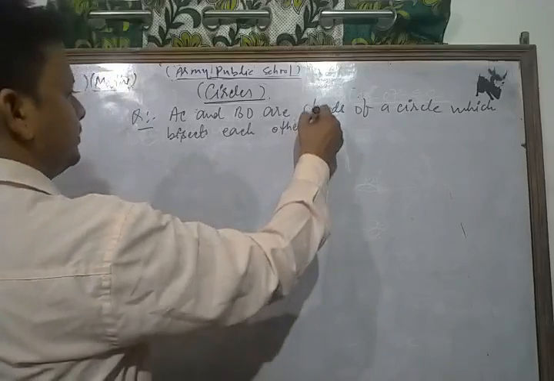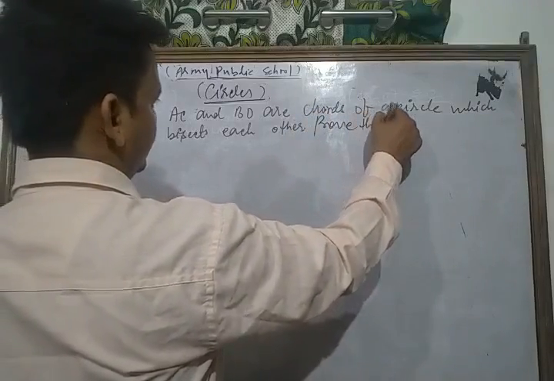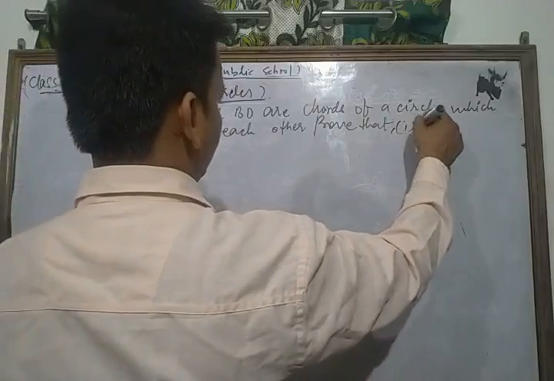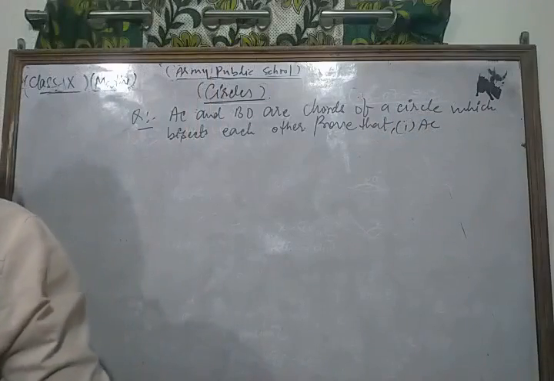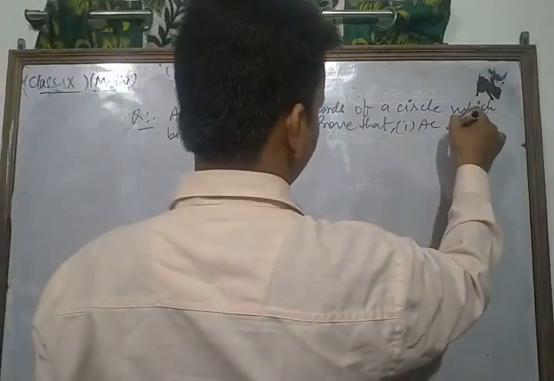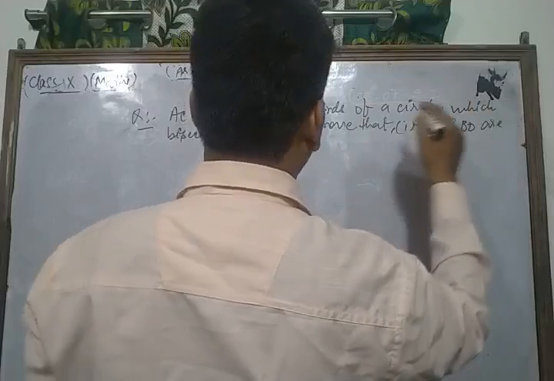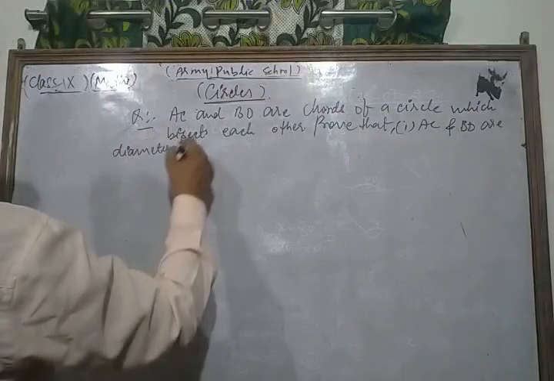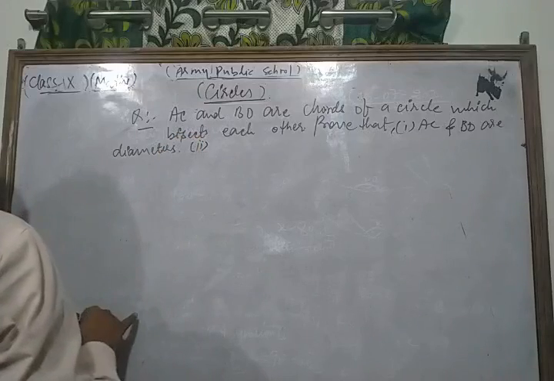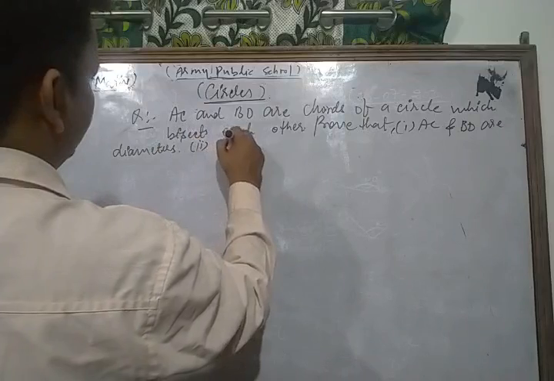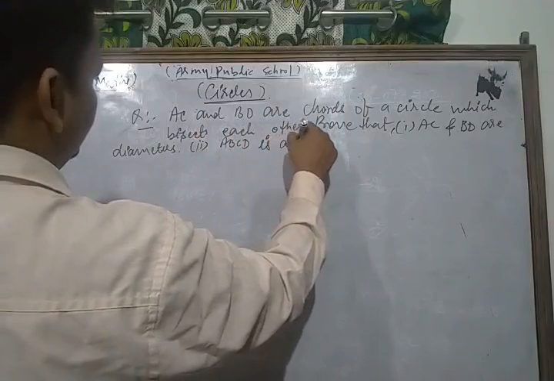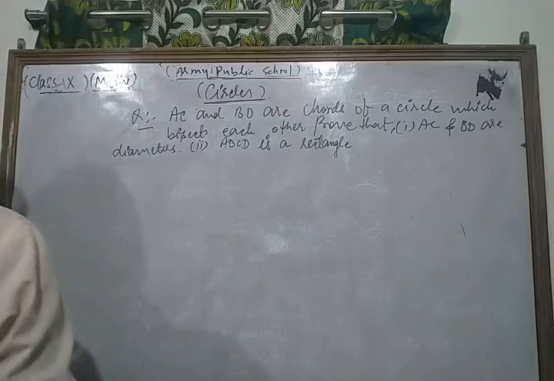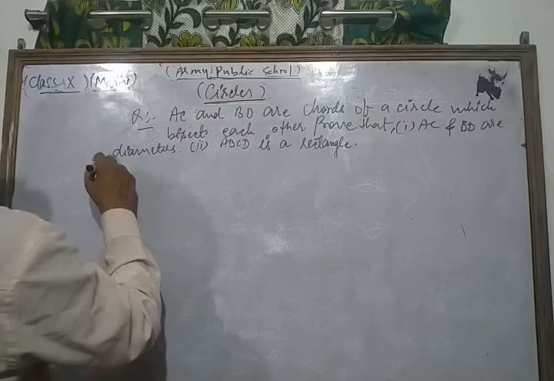Prove that, first, AC and BD are diameters. Second, ABCD is a rectangle. Now let's see its solution.